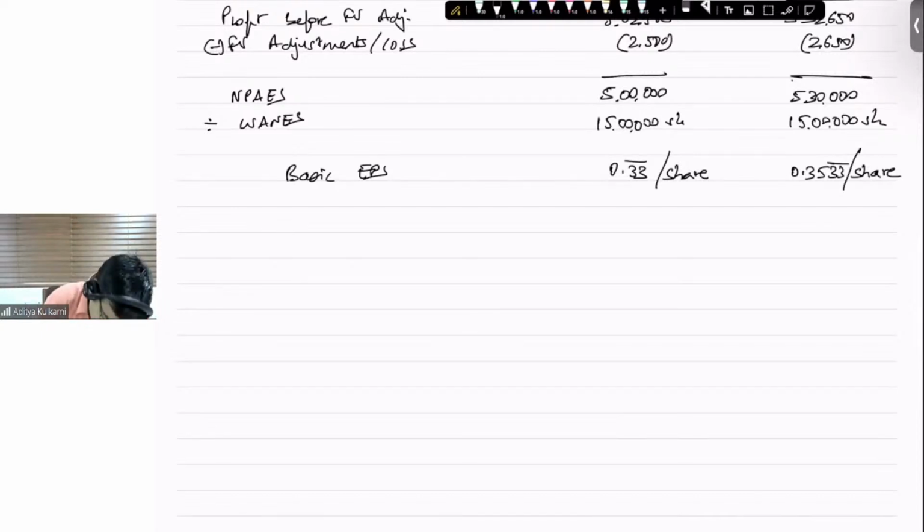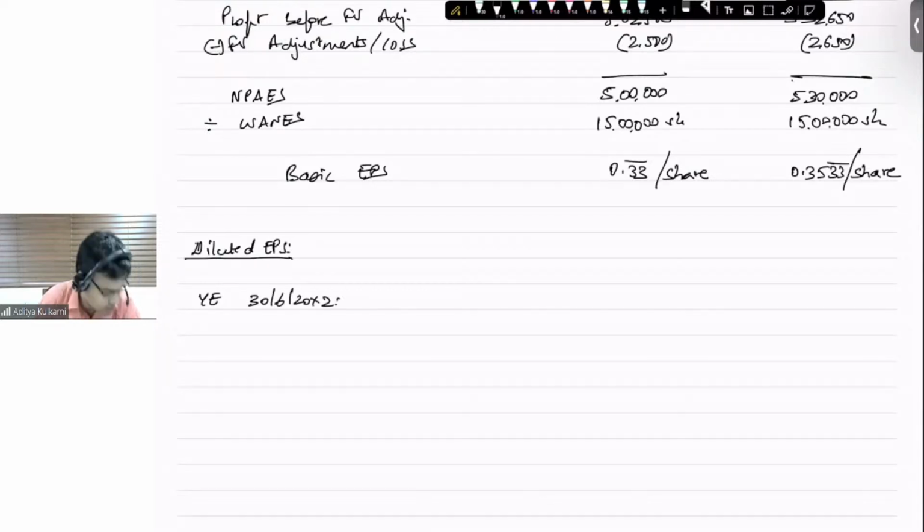So that takes care of basic EPS. Moving to diluted EPS. Okay, so there are multiple conversion ratios, so we are taking the ones where the conversion is maximized. Okay, that is 135, and we are also given that there is no tax impact, so that is going to be considered accordingly. So therefore year ending 30th June 20x2.